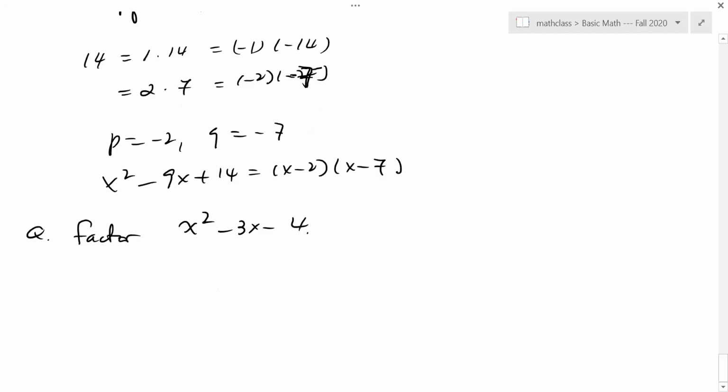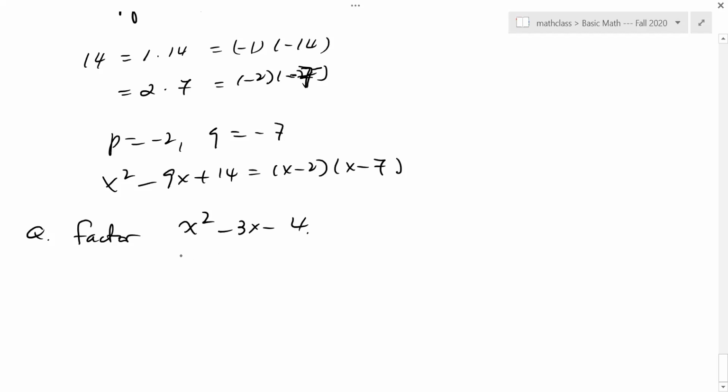Okay, try this. So we're going to find the product of two numbers.